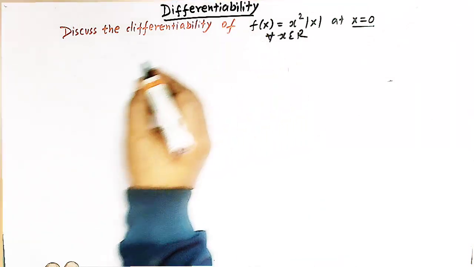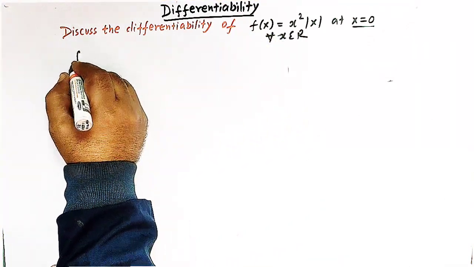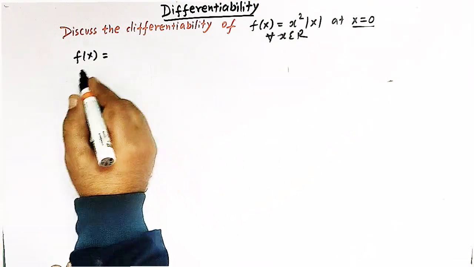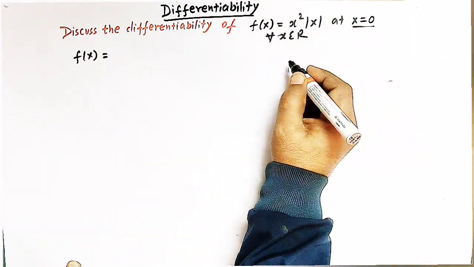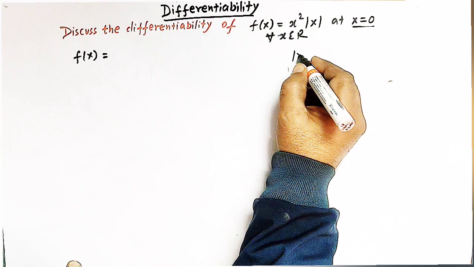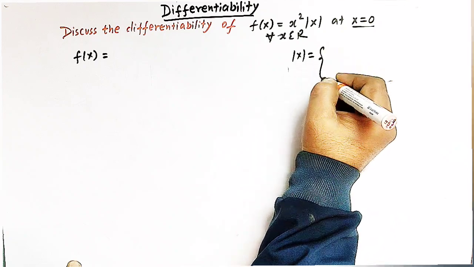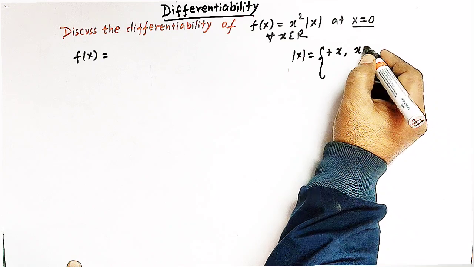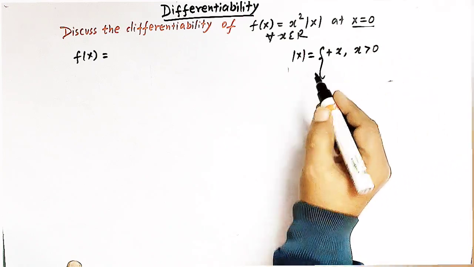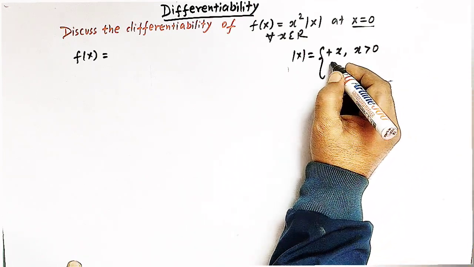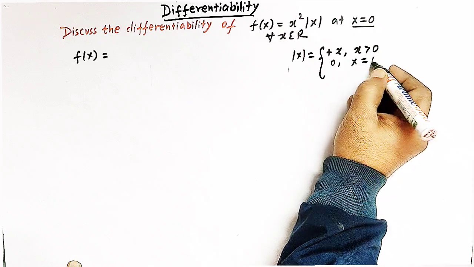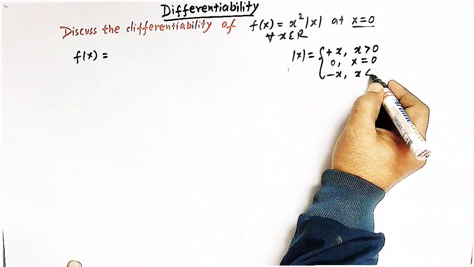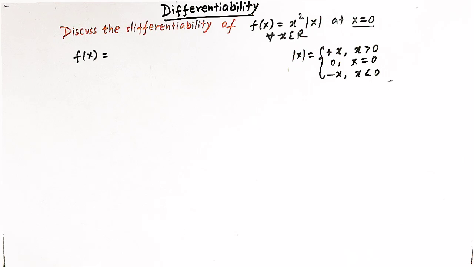So let us first write this function f of x slightly in a simplified form, that is using the definition of mod function, because mod of x is defined like this. Mod of x is positive x whenever x is greater than 0, and mod of x is equal to 0 when x is equal to 0, and mod of x is negative x whenever x is less than 0, right?